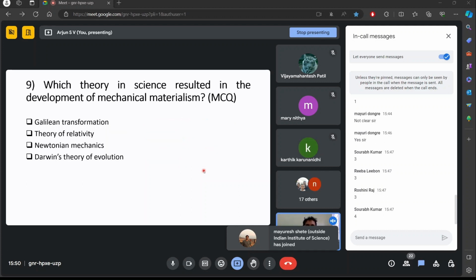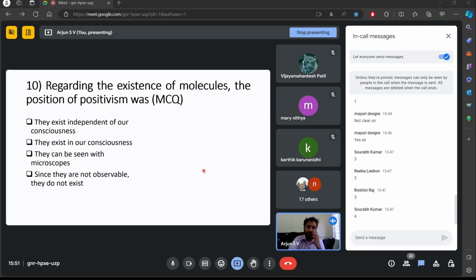Question nine, which theory in science resulted in the development of mechanical materialism? Option three, Newtonian mechanics. And question ten, regarding the existence of molecules, the position of positivism was that since they are not observable, they do not exist. So these are all the 10 questions.